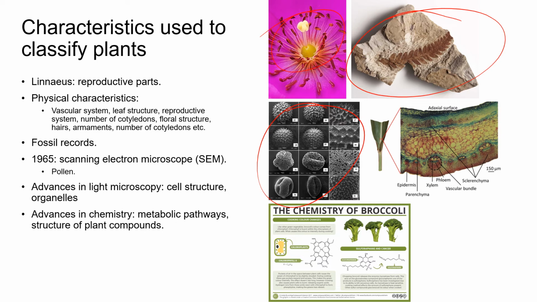Improvements in light microscopy have also enabled taxonomists to look more closely at internal structures, such as cell structure and their organelles, and take these features into consideration too. And advances in the understanding of physiological processes, metabolic pathways, and the chemical structure of compounds mean that these too are also now used in plant classification.